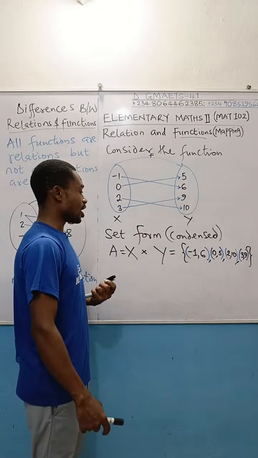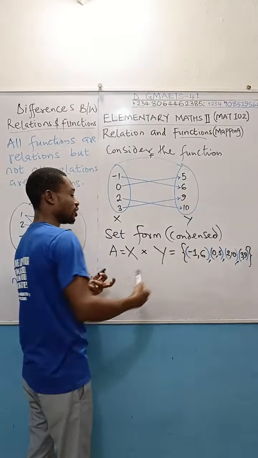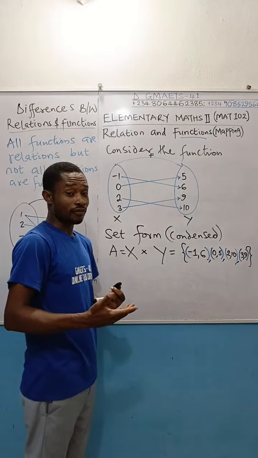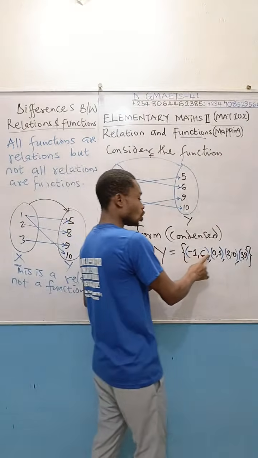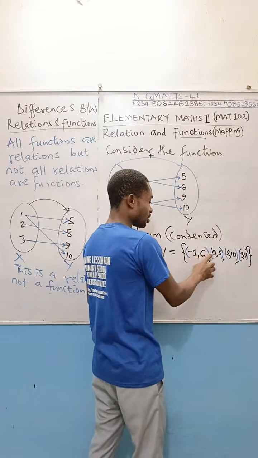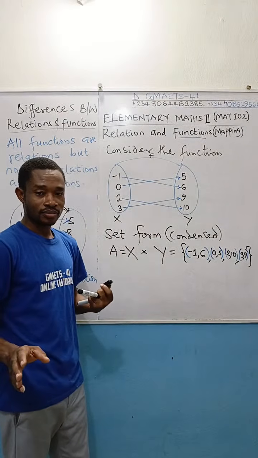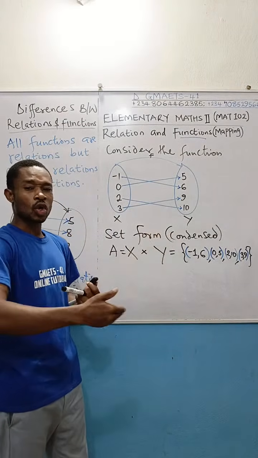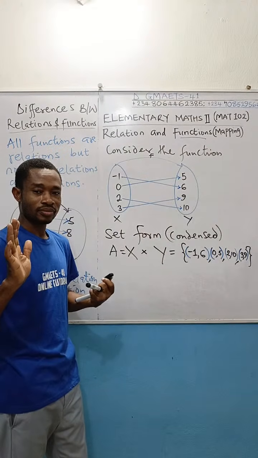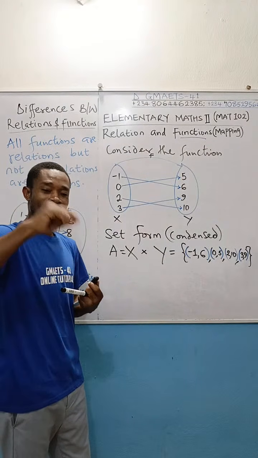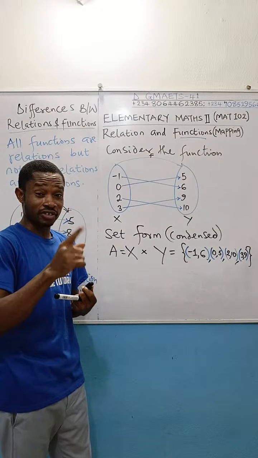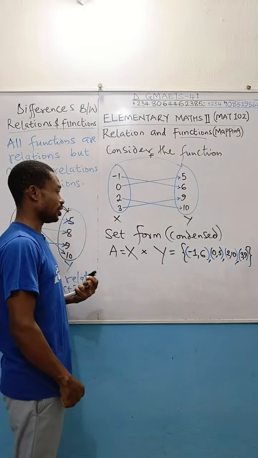Don't worry, we are coming to that. I've just shown you the condensed form of this. Like I said, this is a function, and I've told you the reason: no domain element was repeated. It is possible for codomain to be repeated, no problem. But whereby a domain element is repeated, then you want to be careful. Check that it may not be a function.